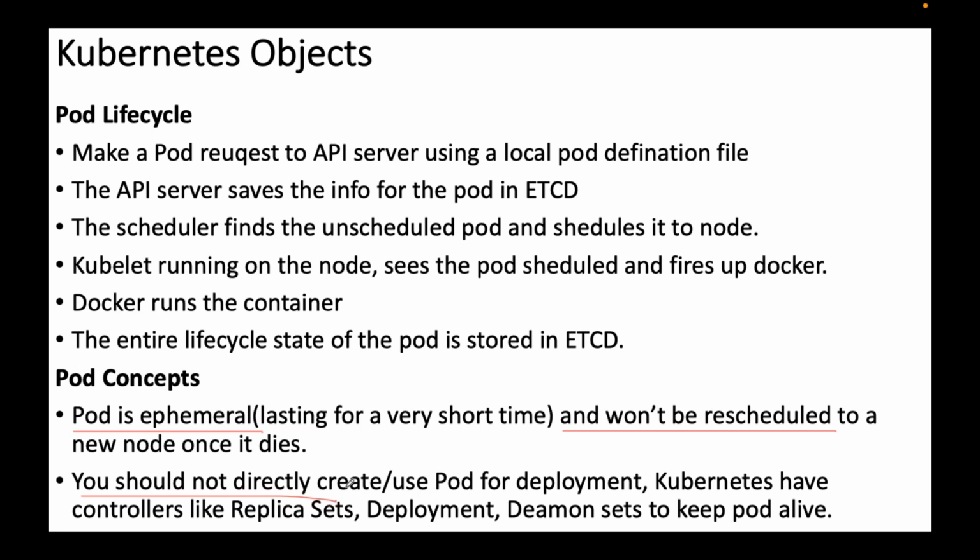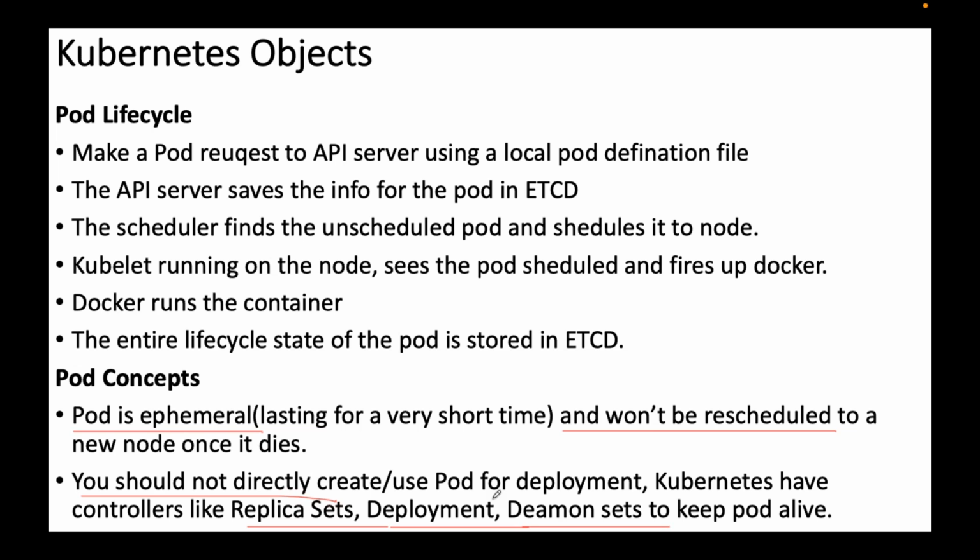To create and manage the pods, we have other resources like replica sets, deployments, daemon sets, replication controllers. So you should not create or use pods directly. You need to create the pods with the help of controllers like replica sets, deployments, daemon sets.